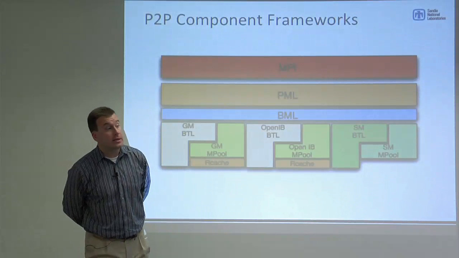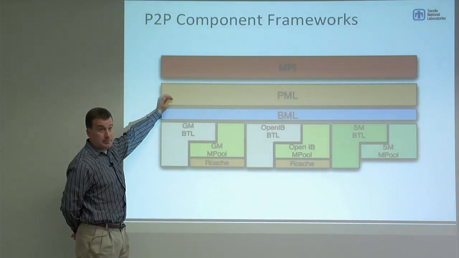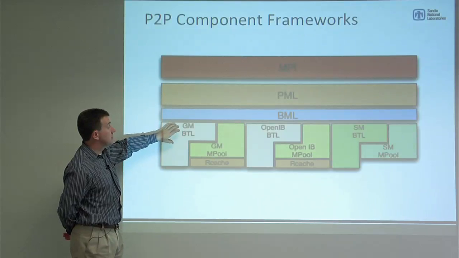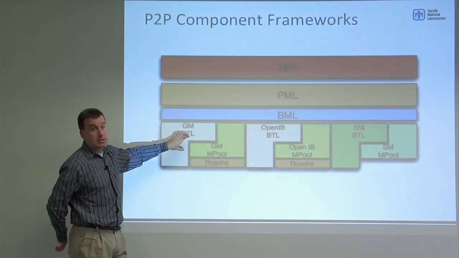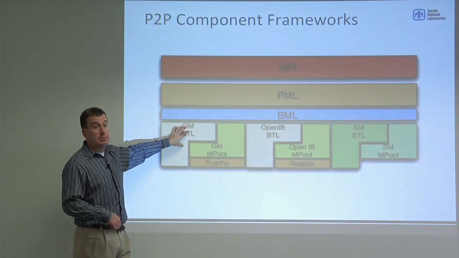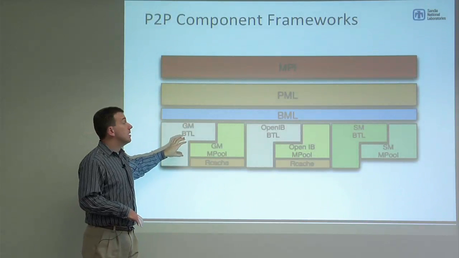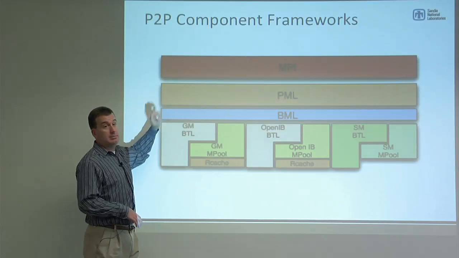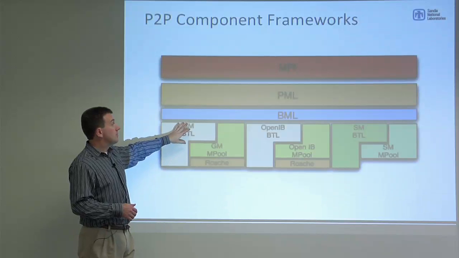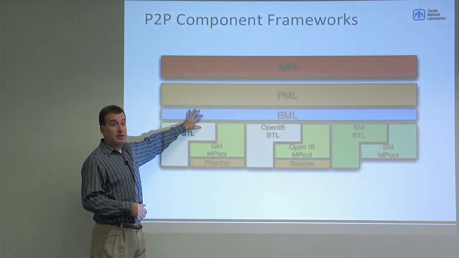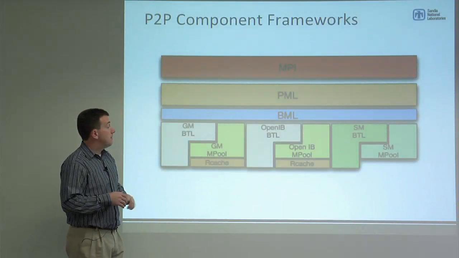So I should point out that the PML enforces ordering. We'll talk about this a little bit more, but for performance reasons we try to keep ordering in a BTL, but we don't actually guarantee it. All the ordering reconstruction happens in the PML, and there are multiple reasons for that. One, we have this multiplexing point, and so you could take 2 paths and therefore end up out of order.